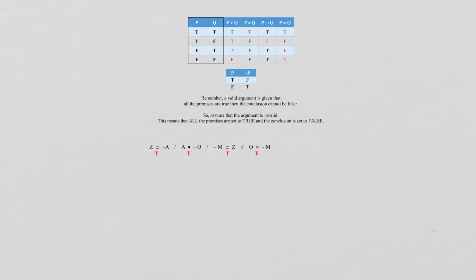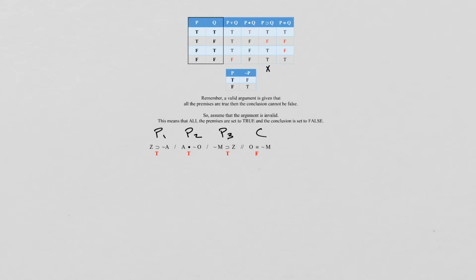It's pretty straightforward. Look at the first premise. We have premise 1, premise 2, premise 3, and the conclusion. First premise, we have a horseshoe, and it's true. If we look over here, there are 3 times that a horseshoe is made true. That one does not help us. Moving on.